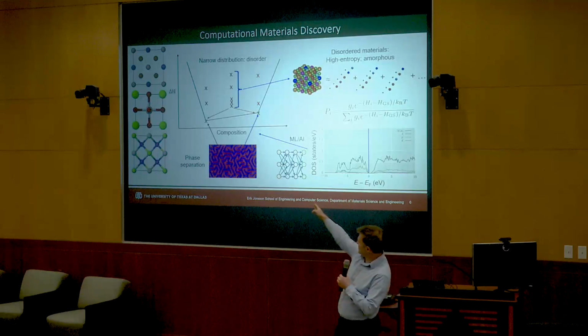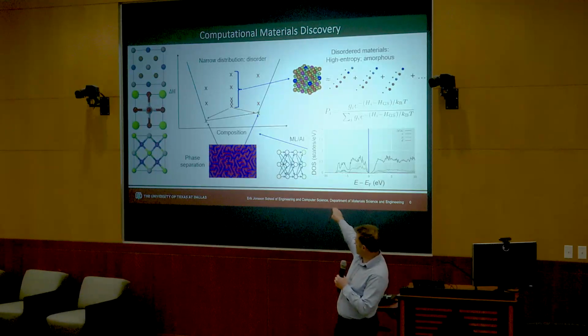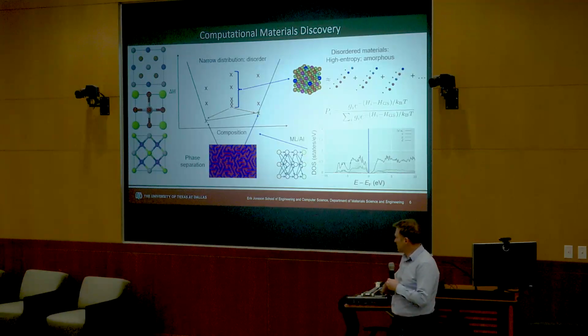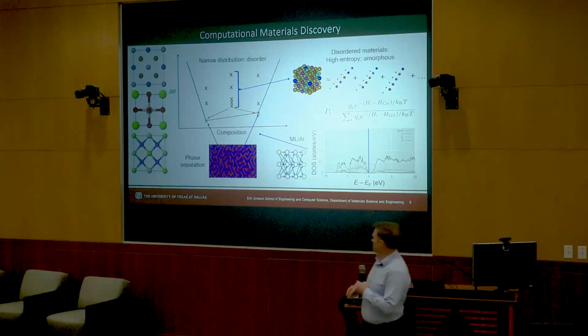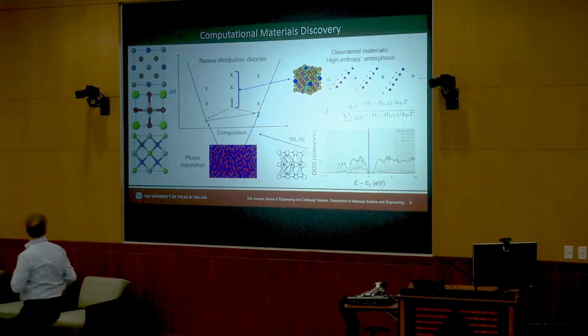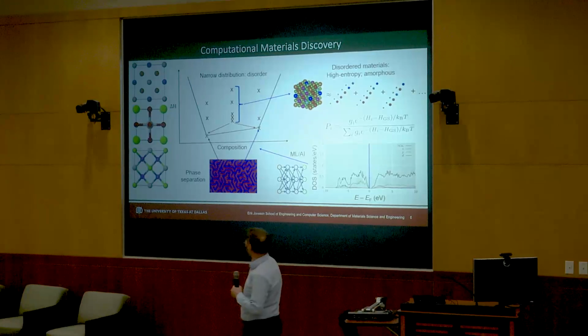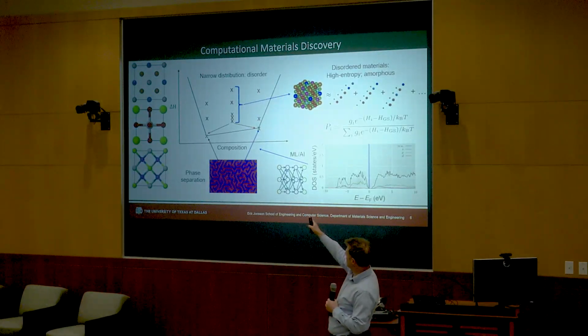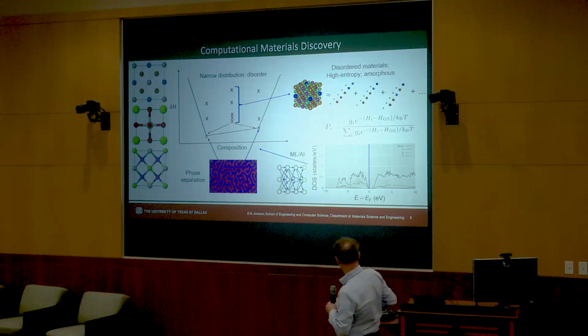And we plot this, you see this graph in the middle with delta H versus composition. Okay, so we plot delta H as a function of composition, and then we draw what we call tie lines around it to give us what we call the convex hull.